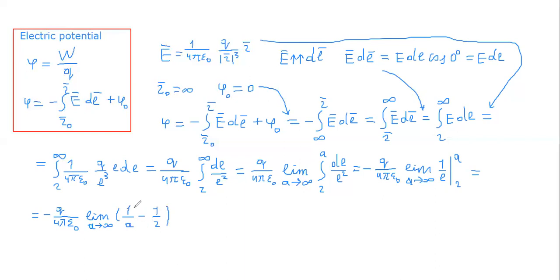Of course, if a tends to infinity, 1 divided by a will tend to 0.